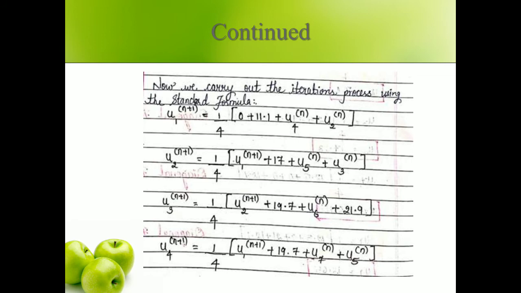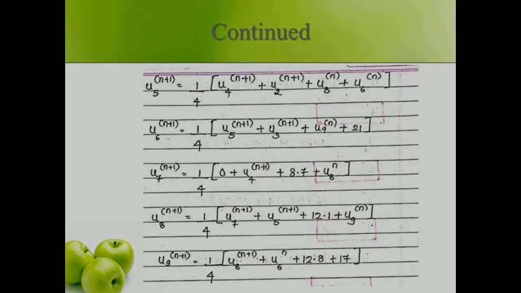You will be using the value of the first iteration, meaning you have already found out u1 dash, no? So you will be taking that value as your u1 value to find out u2. Now in u3 dash you will be having the u2 value, already found out, so you can use the u2 value and the u1 value which is obtained in the first iteration only. It is nothing but the previous iteration cumulative, you will go on solving the values.